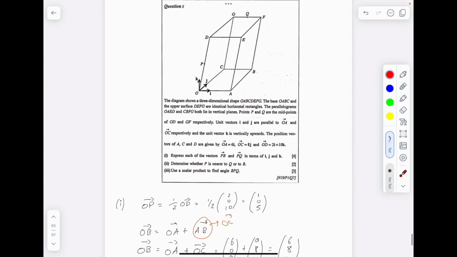So CG, what is CG? Well, CG has the same direction, shall I say, as OD. Okay, so OD is equal to what? (2, 1, 0). We can deal with that.